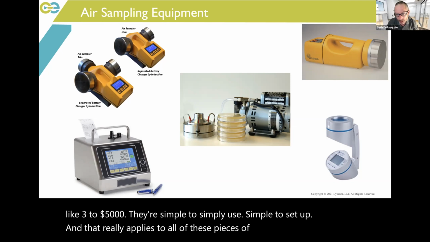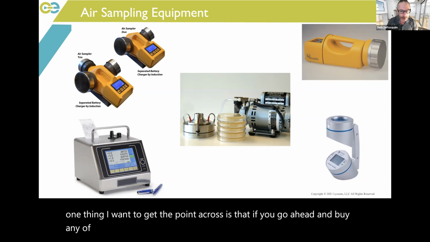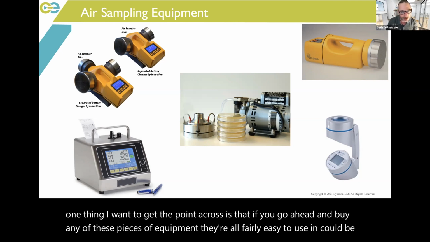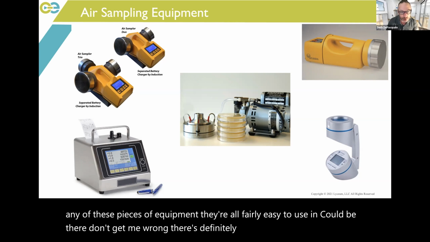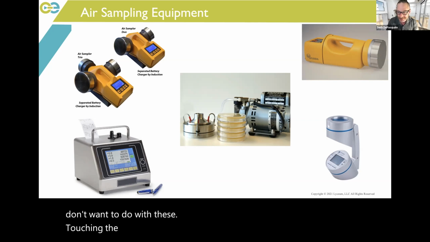If there's one thing I want to get the point across, it's that if you go ahead and buy any of these pieces of equipment, they're all fairly easy to use. Don't get me wrong, there's definitely things that you do and don't want to do with these, like touching the sampling head. The sampling head of the viable air sampler is where the air is coming through.